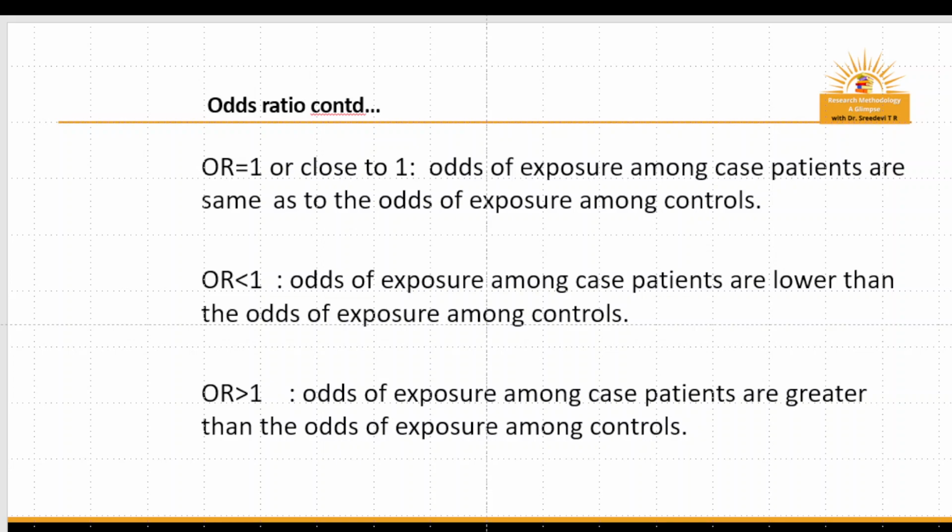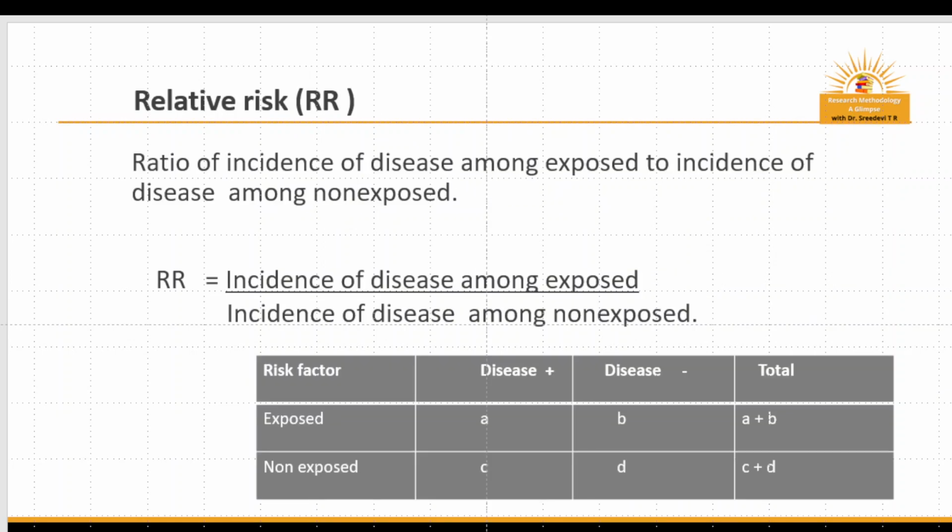Now coming to relative risk, RR. What is RR or relative risk? It is the ratio of incidence of disease among exposed to incidence of disease among non-exposed.